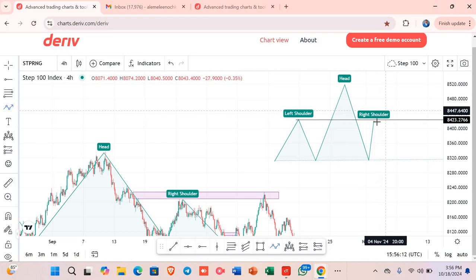Now you're going to put your stop loss above this high. This is the high of the left shoulder. So this will be your guide. You are going to sell the market from here, down, and this level will be your first take profit.